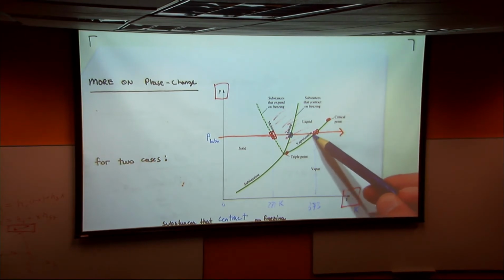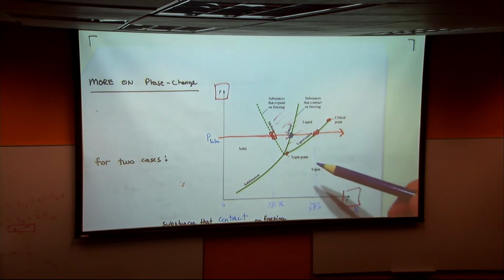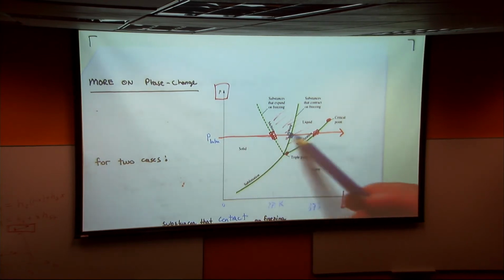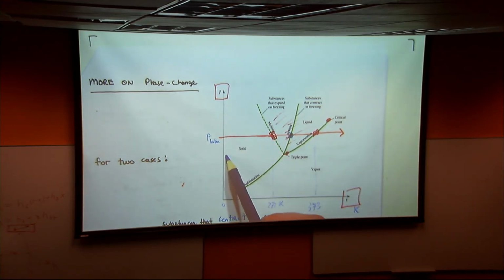But you can see here again that when I drew this line, there's a width to it. And I'm going from liquid to vapor. So let's just focus on this line right here. I can change the pressure and go to a different pressure, and I can go right through that point there.